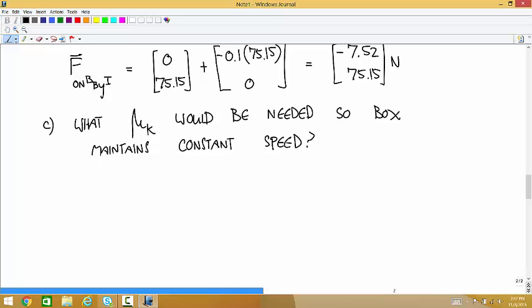Okay, so in both of part A and part B, we saw that the box was speeding up, right? And I said if you keep increasing the coefficient of friction, at some point it'll switch over to where friction is enough to slow the box down. So we're going to find the exact coefficient of friction that would be required for that crossover, okay?